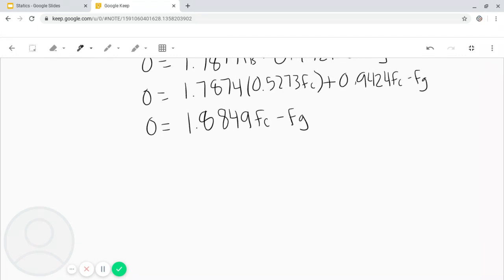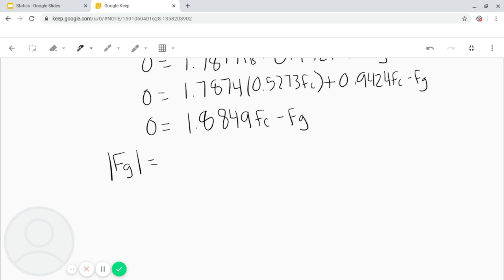Now, one thing that we can do now is find Fg. Since it's only acting in one component, then we only really need to find the magnitude, since it's only acting down.